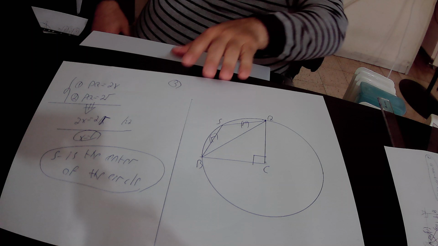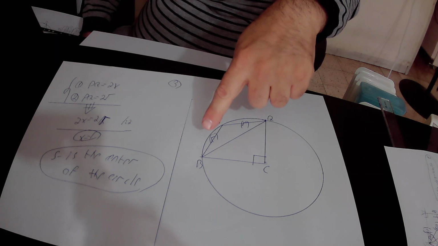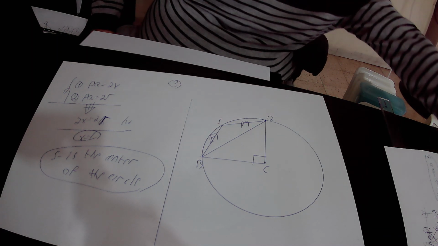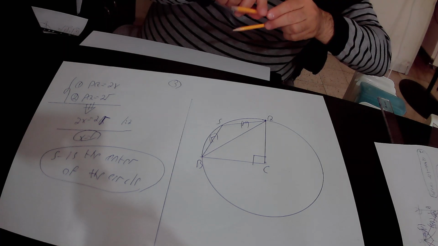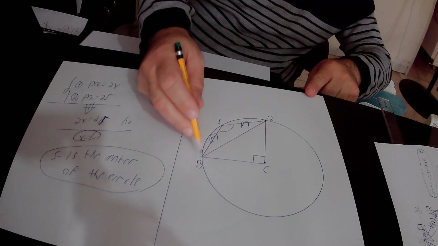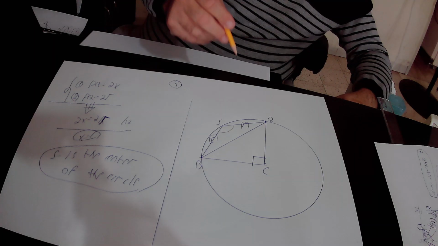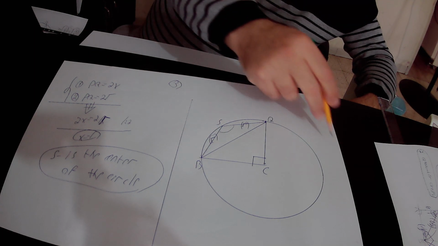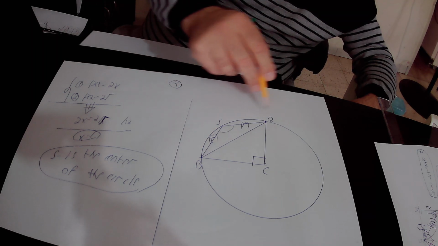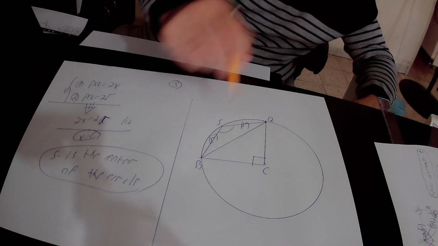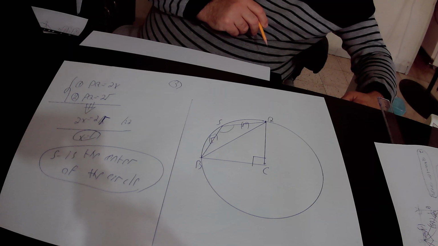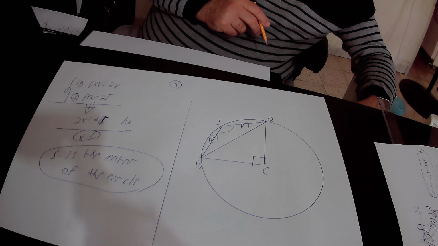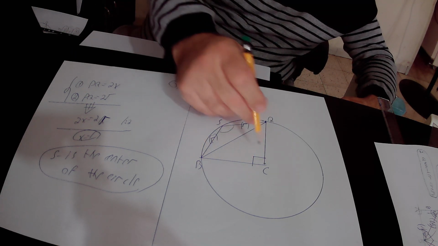Why? Because in our drawing we have this peripheral angle BSQ. Peripheral angle BSQ is subtended on arc QB. And we have also the central angle QCB.